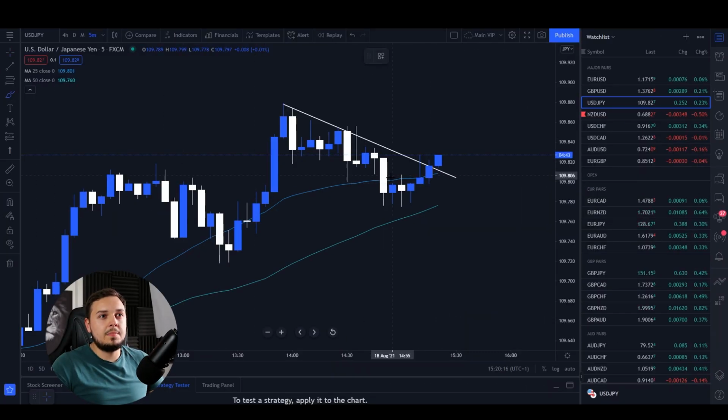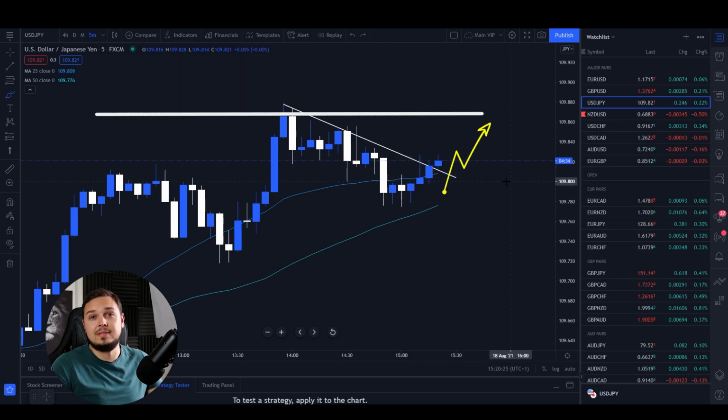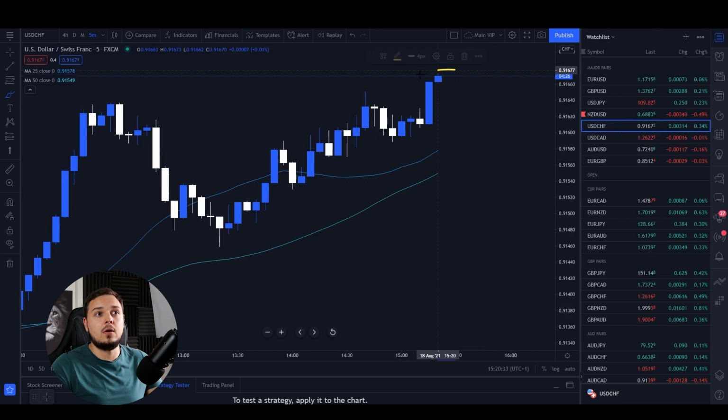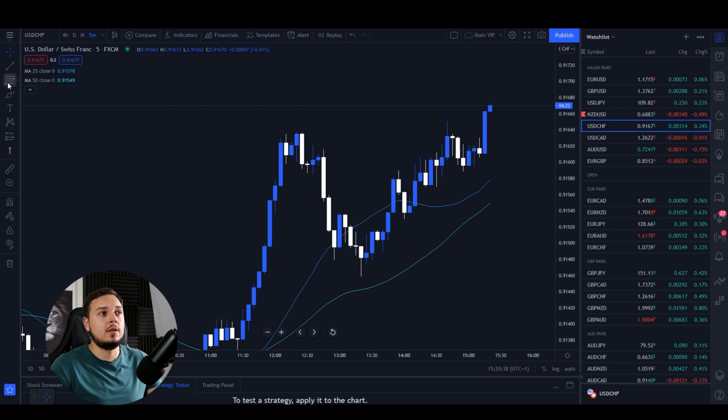Okay, so USD Japanese yen, as you can see, is trying to break this downtrend. A new candlestick has formed, trying to break it. If in these 5 minutes it does break it, that's good news. It will likely shoot towards the upside, as I said, to retest this previous area top. USD Swiss franc also shooting towards the upside with a new bullish engulfing candle.